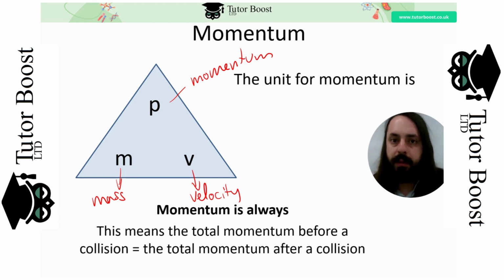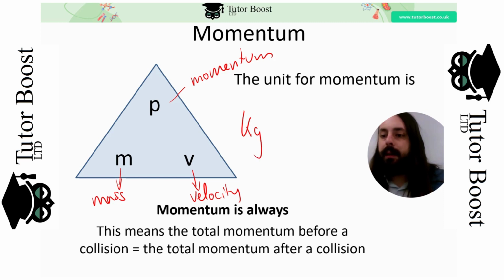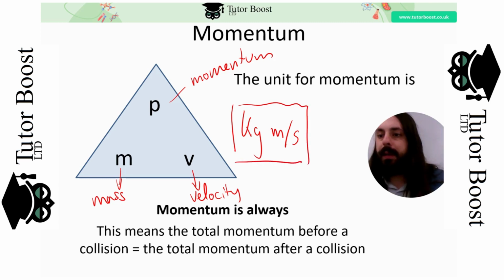Remember, vectors, you have size and direction. Scalars only have size. Okay, so the unit for momentum will be the product of the mass and the velocity. What is the unit for mass? It's kg, right? And the unit for velocity is meters per second. So that's our units for momentum.